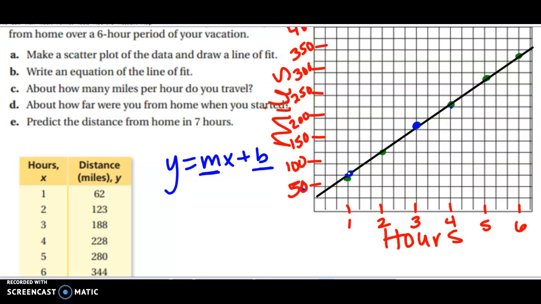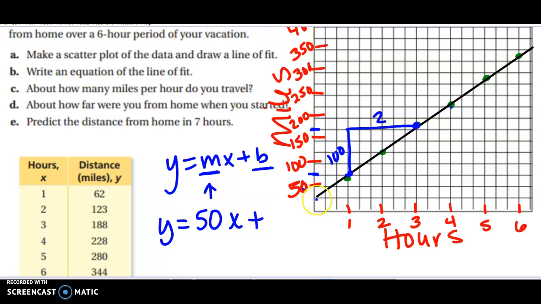How many am I going to go up and how many am I going to go over? Now remember, you have to look at the side numbers. If I'm going from 75 to 175, I'm going to go up 100. If I'm going from 1 to 3, I'm going over 2, which means my slope is actually about 50. So I'm replacing my m with 50. So I have y equals 50x plus b.